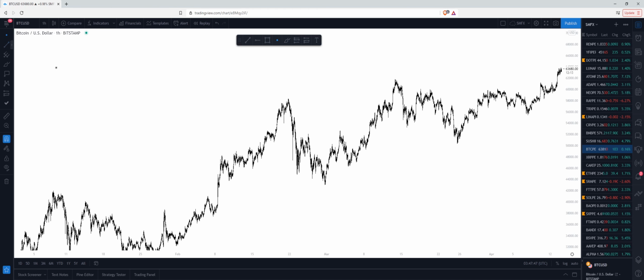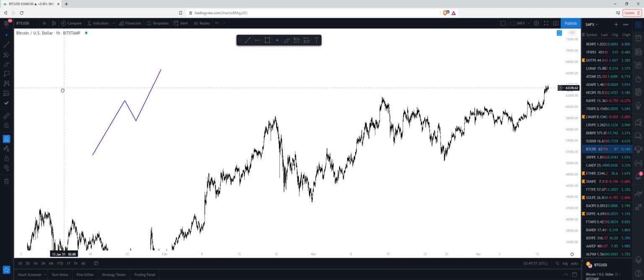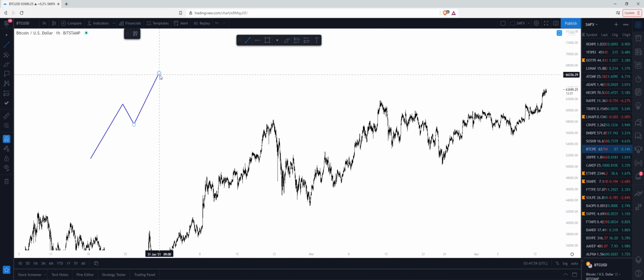So in a trending market, as I'm sure most of you already know, it will consist of higher lows and higher highs. Okay. So like this, we'll see a higher low and higher highs.